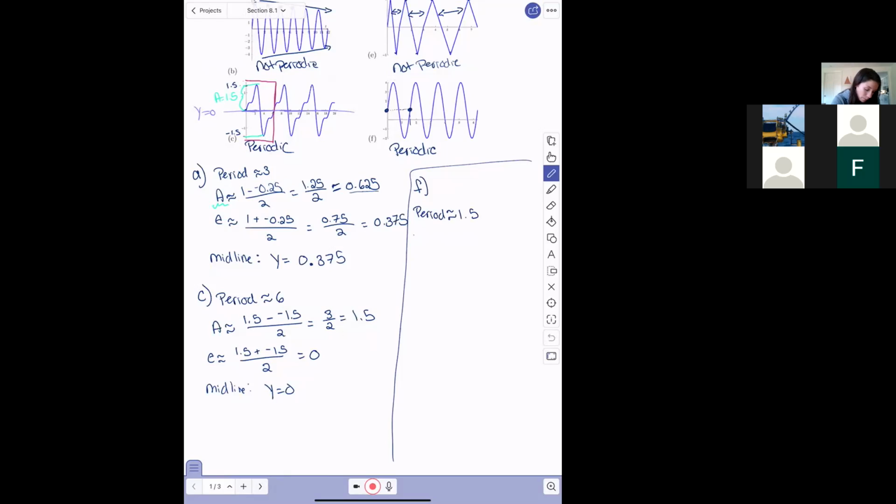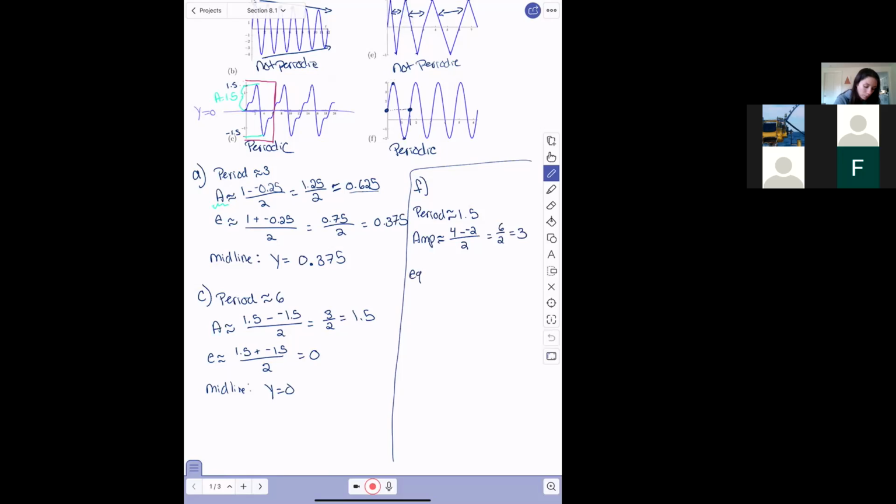Next, we have to look at our amplitude. Our max is 4, and our min is negative 2. So 4 minus negative 2 divided by 2 is 6 over 2, which is 3.